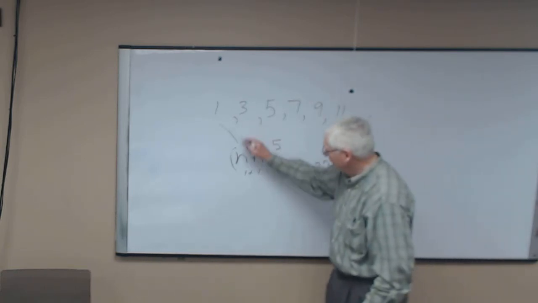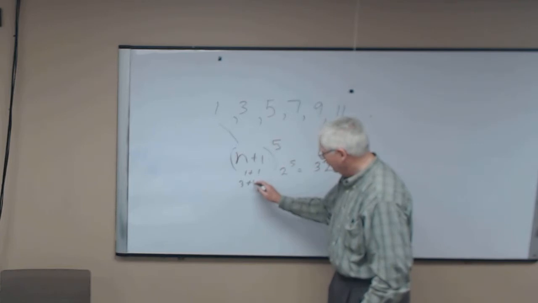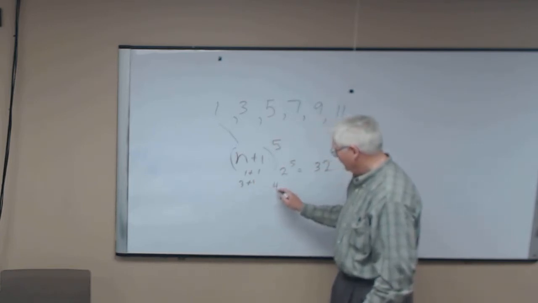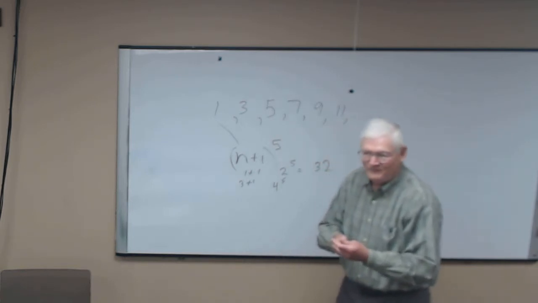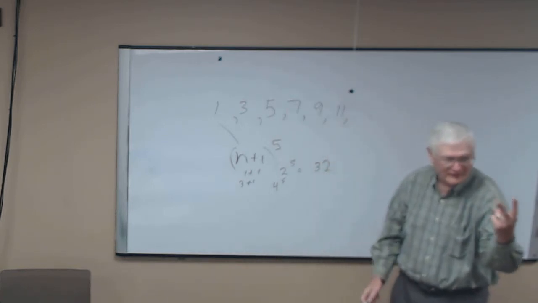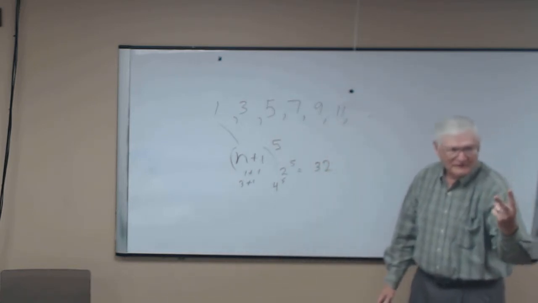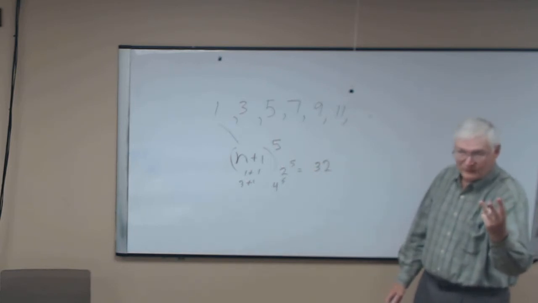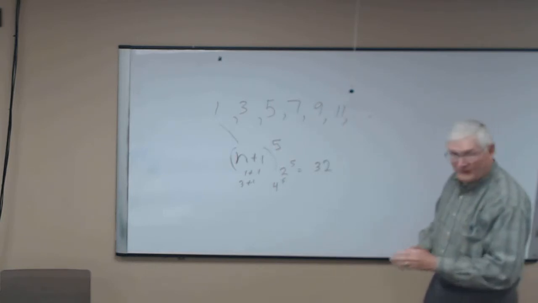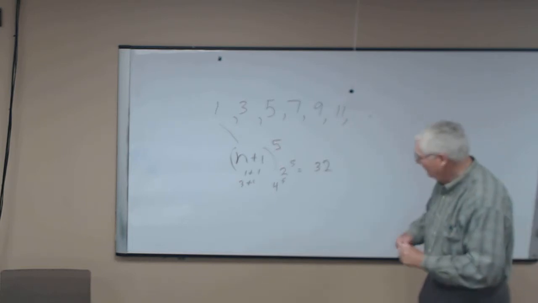What's 3 plus 1? 4. What's 4 to the 5th power? 4 times 4 is 16. Times 4 is 64, right? Times 4 is 256.